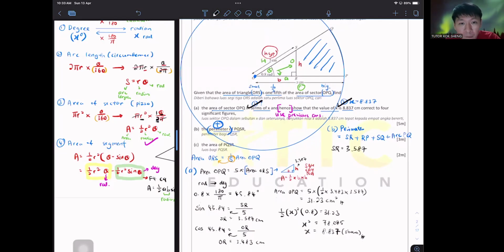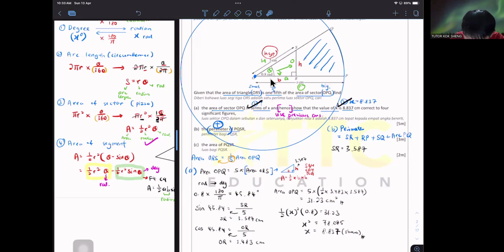Okay, next we can find the RP first. RP is over here. And the OP is x, right? OP is x, so we can just minus the OR to get RP. We already found the answer for OR.